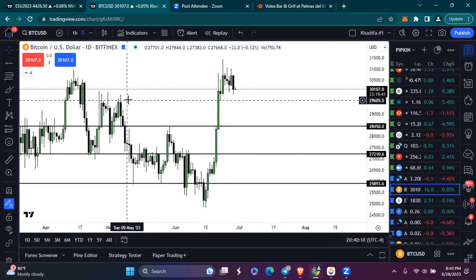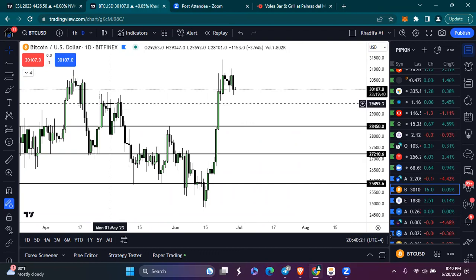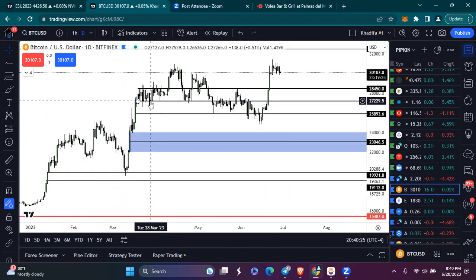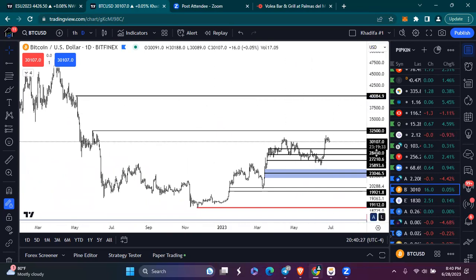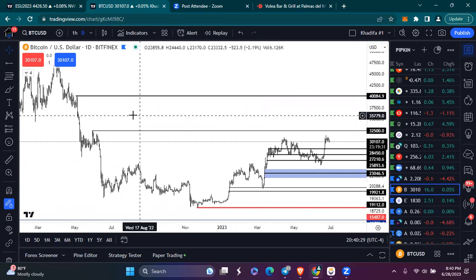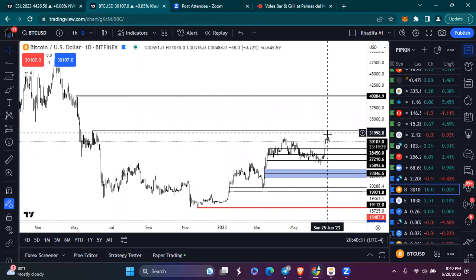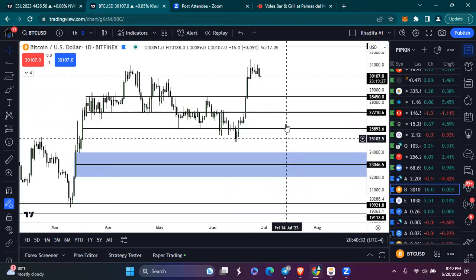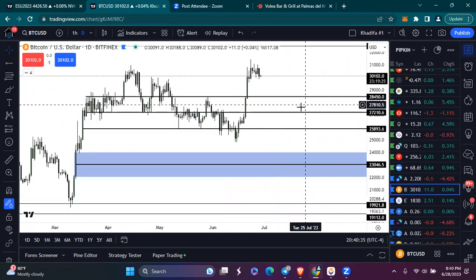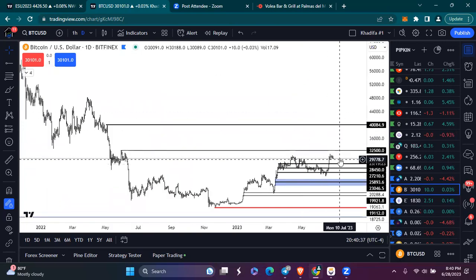I really want to see us hold this structure here around 29.5 and continue on up to 32,000, our next level, outside liquidity.